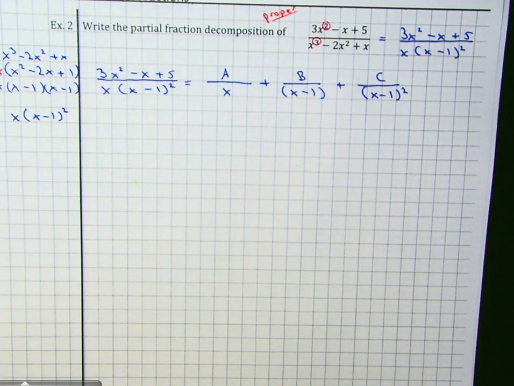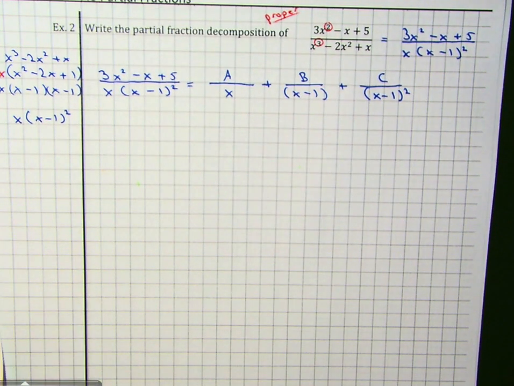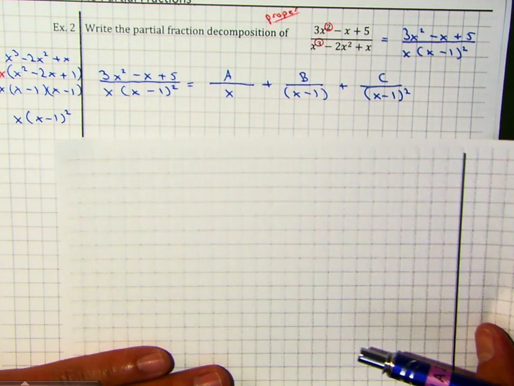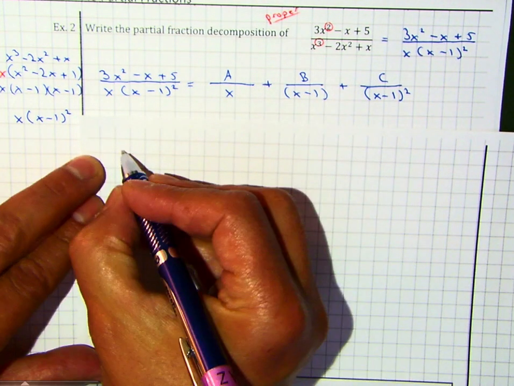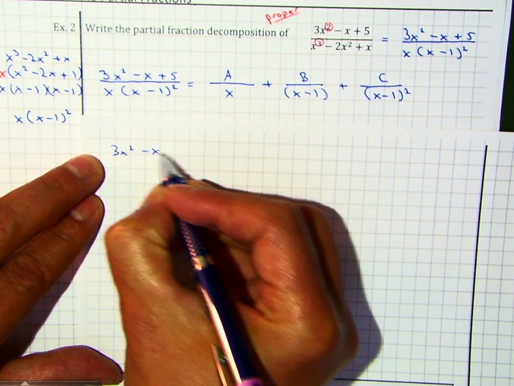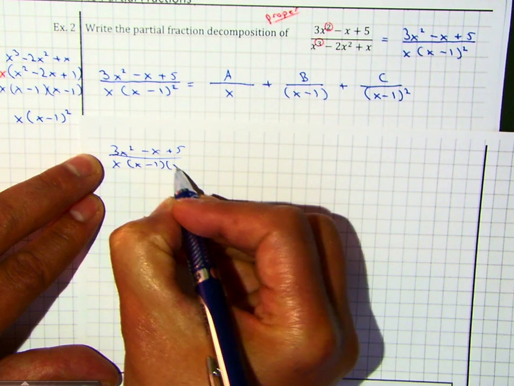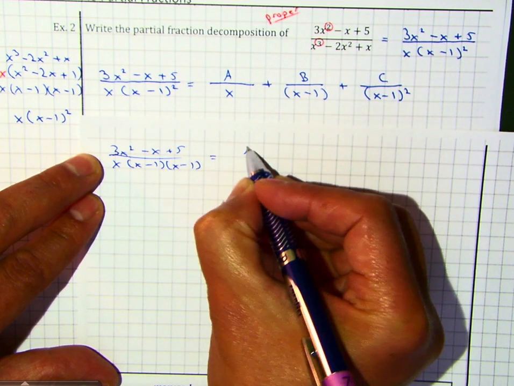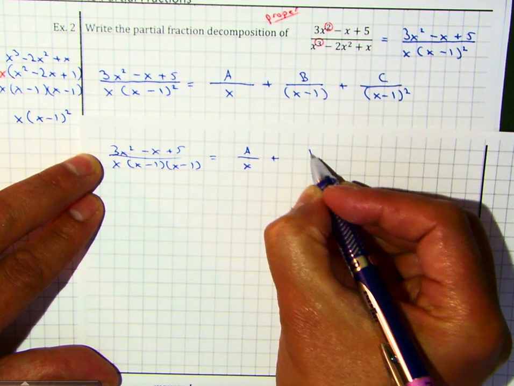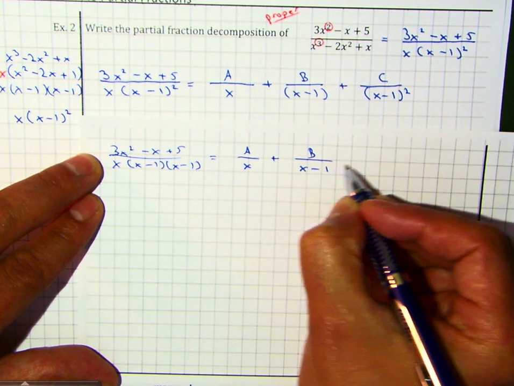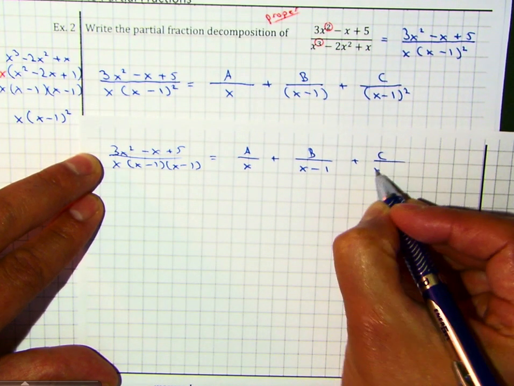Now, some of you guys might get it incorrect. I've seen this before, where they rewrite it as 3x squared minus x plus 5 over x, x minus 1, and x minus 1, and end up with A over x plus B over x minus 1 plus C over x minus 1.